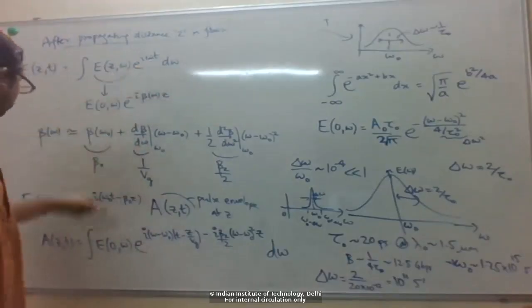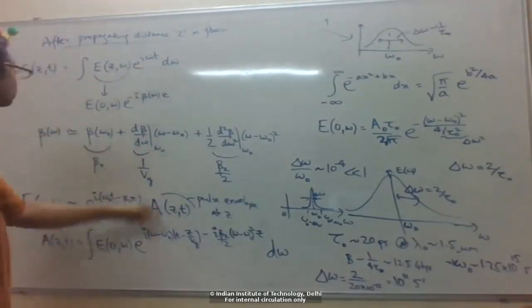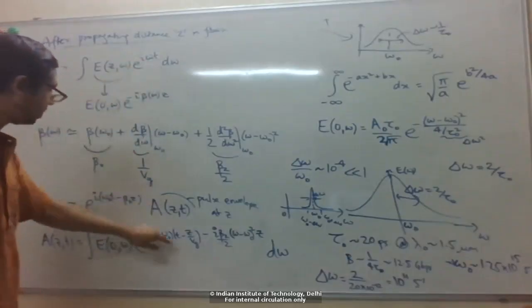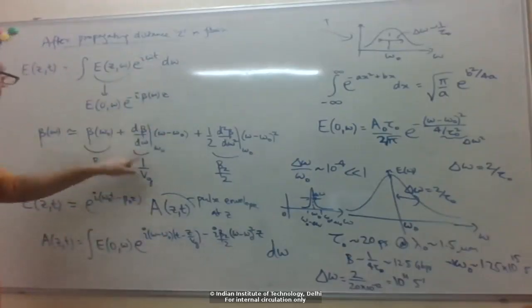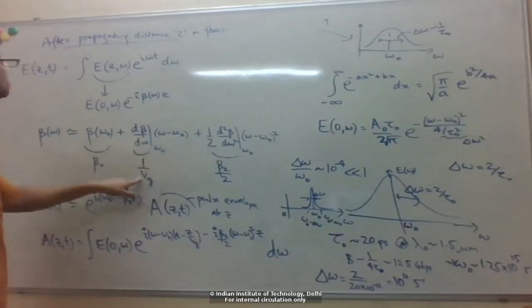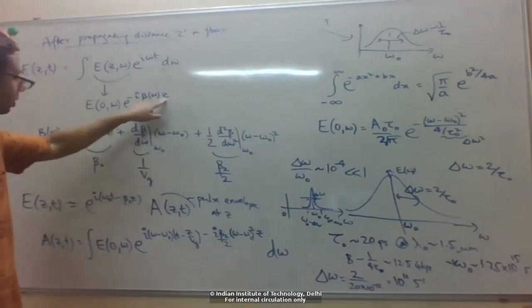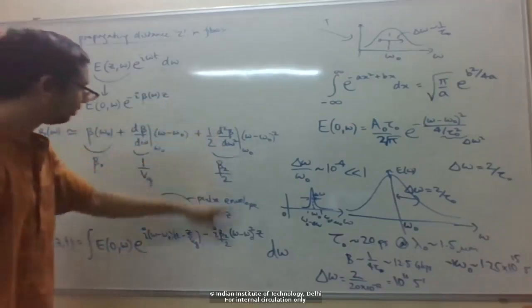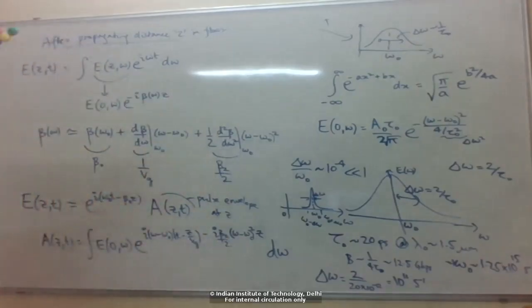Right, so we took e to the i omega naught t outside, so inside we are left with e to the i omega minus omega naught t. That's the first term. Then from this term we have omega minus omega naught by Vg times z. That's the second term. And this term will give me this term.